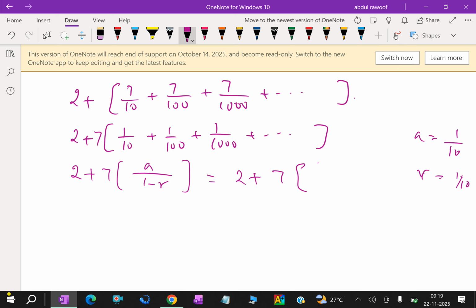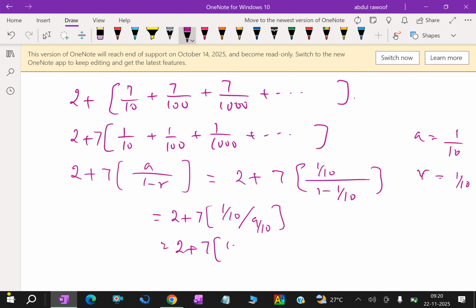A is 1 by 10, 1 minus R is 9 by 10, so 2 plus 7 times (1 by 10) over (9 by 10), which is equal to 2 plus 7 times 1 by 10 times 10 by 9.